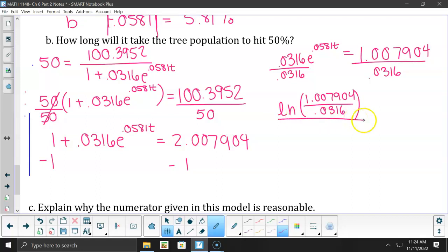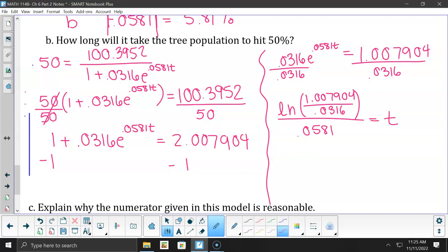And then divide it by the decimal, and that should equal T. 59.6.